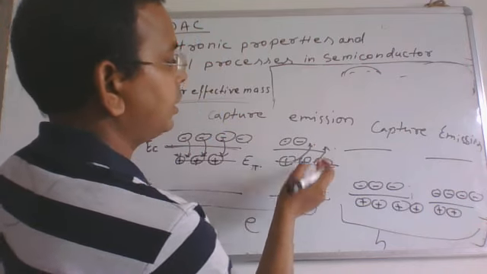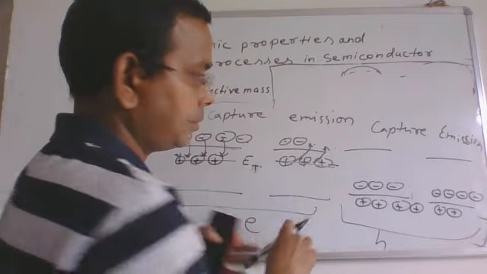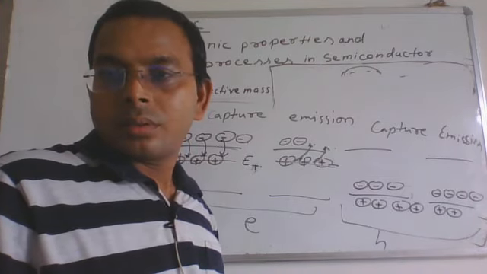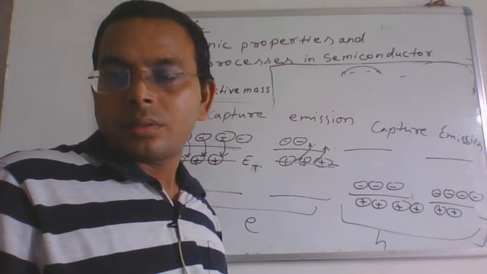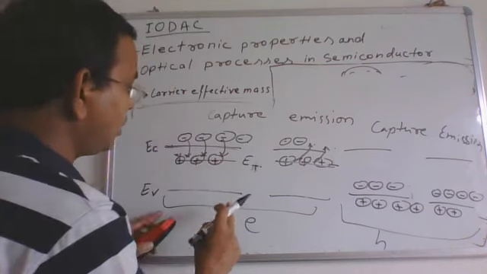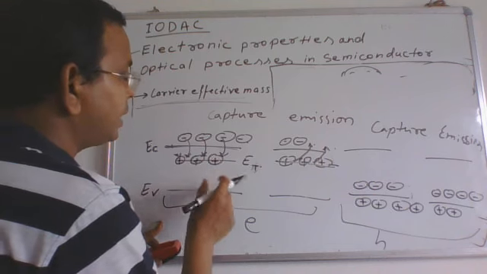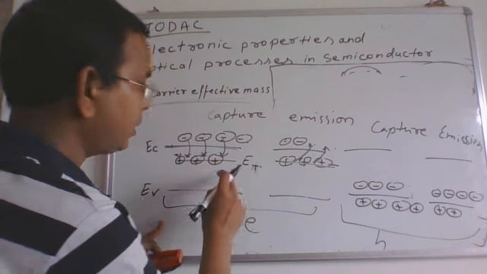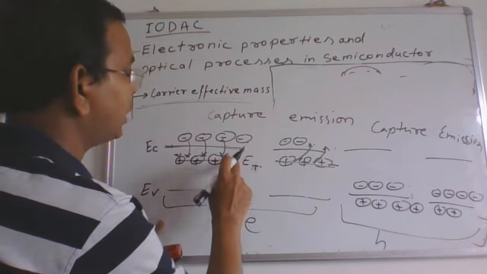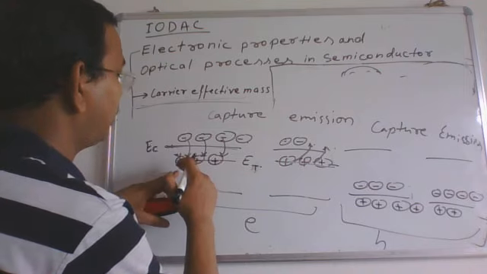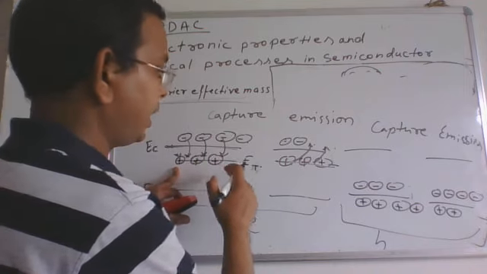It is called the electron emission. This happens when an n-type impurity is doped, because when an n-type impurity is doped, Et will be near the conduction band and the dopants will be positive ions, donor ions.